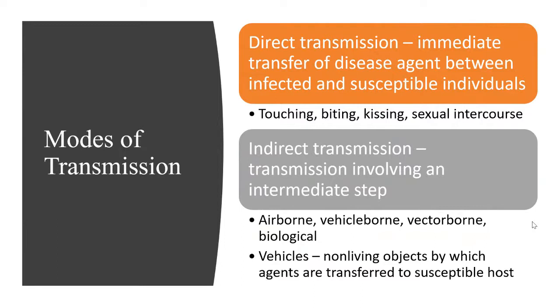So it's a direct transmission of fluids. Indirect transmissions, there's some middle step there. So airborne or vehicle-borne or vector-borne or biological. Airborne is I cough in the air, my cough drops, spits, have the virus, someone breathes that in, that would be airborne. Vehicle-borne could be I cough, the virus is now on the desk, the new student comes down, sits at the desk, touches the desk, and then touches their face, their mouth, or their eye.